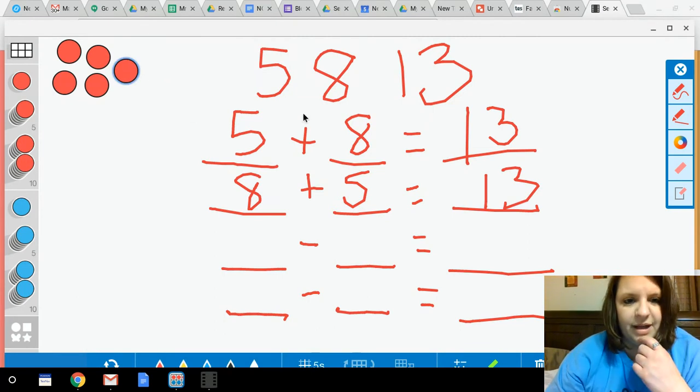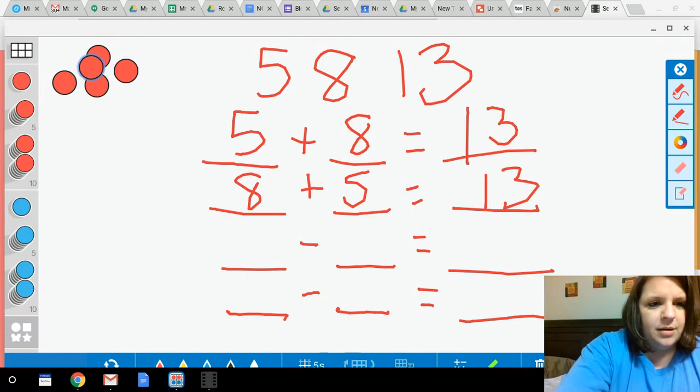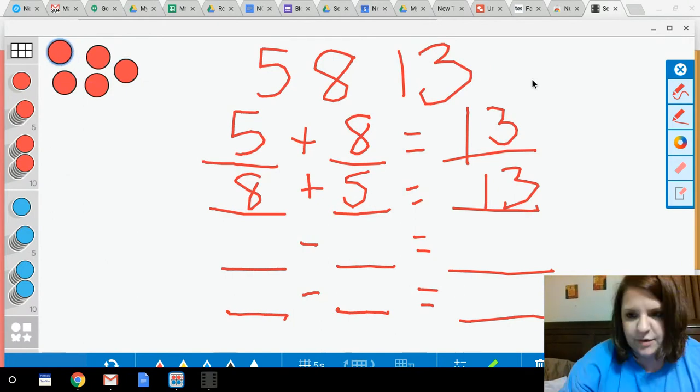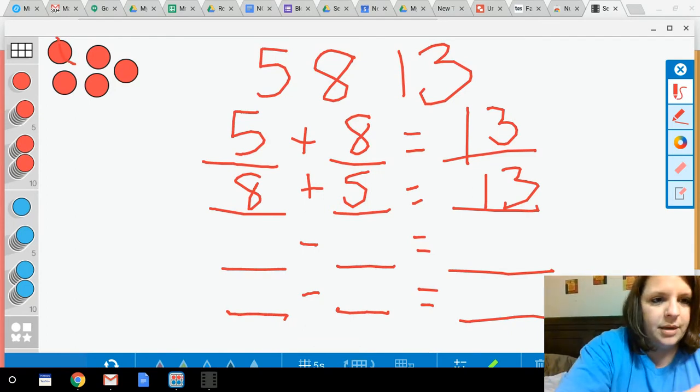Okay, if I have 5 counters, here's my 5. There's my 5 counters. Can I take away 8 from this to make 13? Let's see. If I take away, let me just put an X on them. That wasn't working for me. I have to get the pen again. 1, 2, 3, 4, 5.